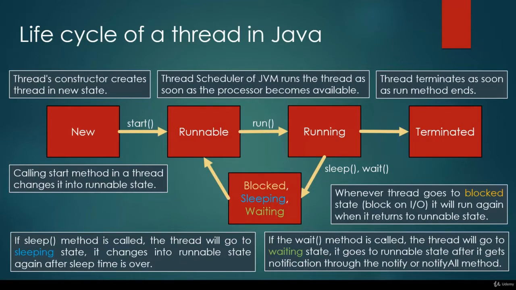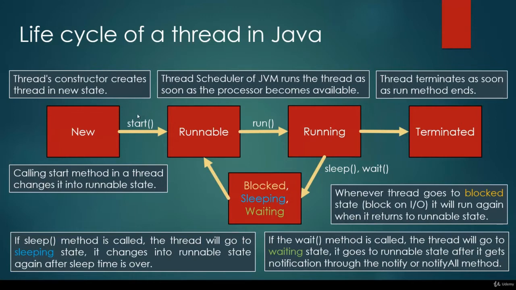And if the wait method is called, the thread will go to the waiting state, and it goes to the runnable state after it gets notification through the notify or notifyAll methods. We are going to talk a lot about these methods in the coming lectures, and it's going to be clear. What's crucial is that whenever we instantiate a new thread, then it's going to be in the new state.